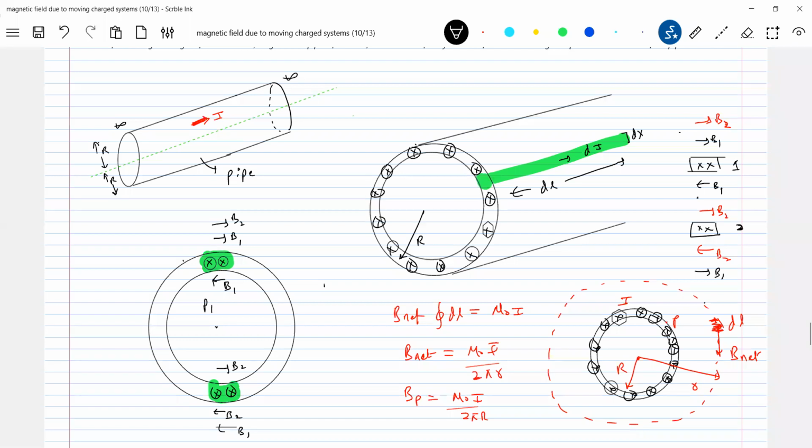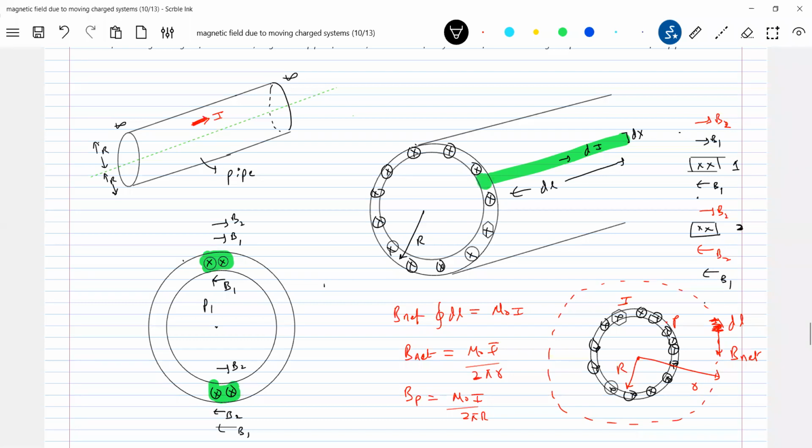Sir, at the bottom, the B1 should be towards the left, no, sir? Yes, okay, fine.